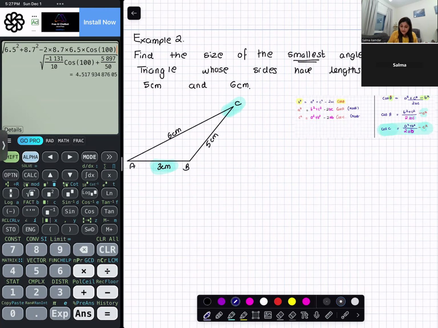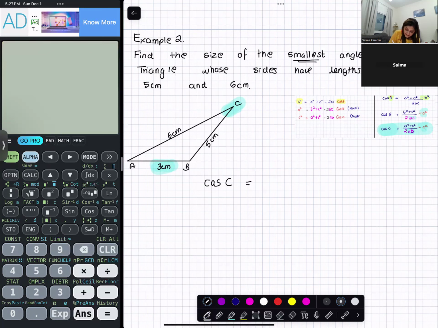So since you have to find the smallest angle, that is angle C, I'll use the formula cos of C is equal to... I will put this side as c. You should name the side so it's easier for you.